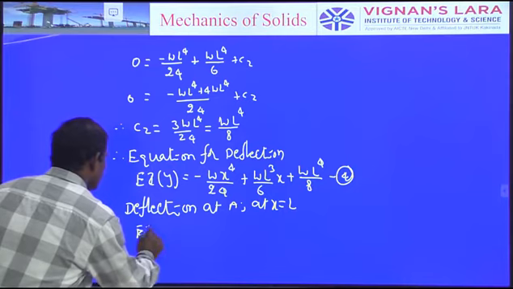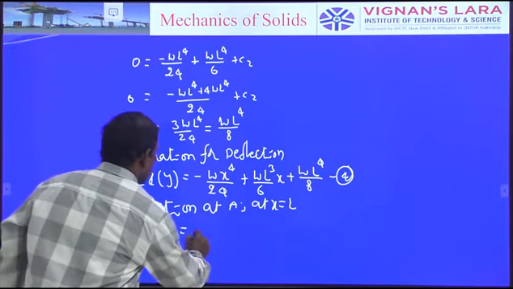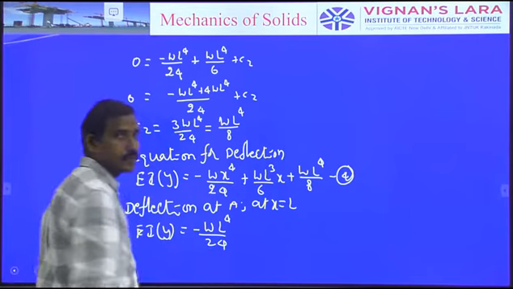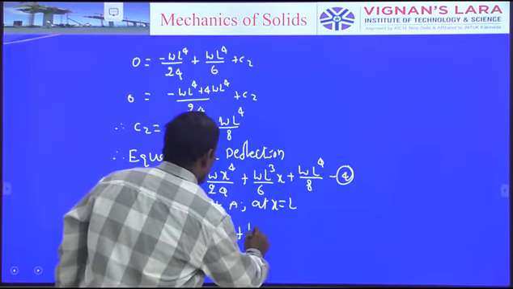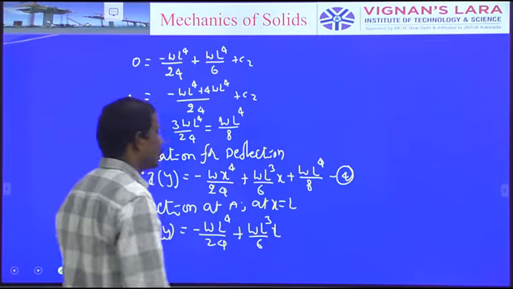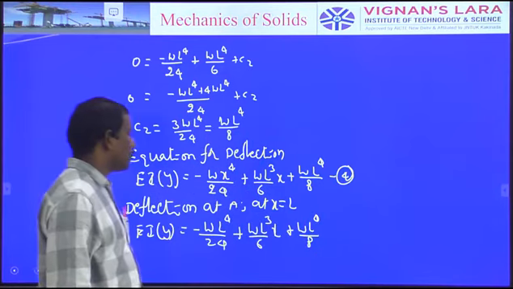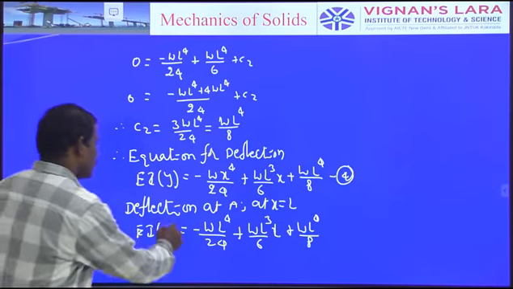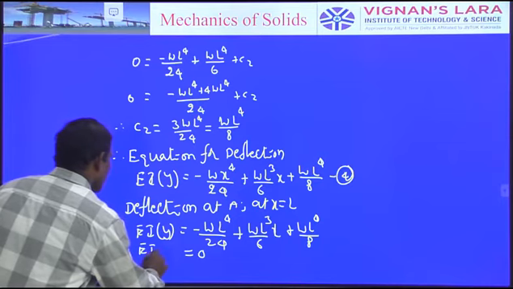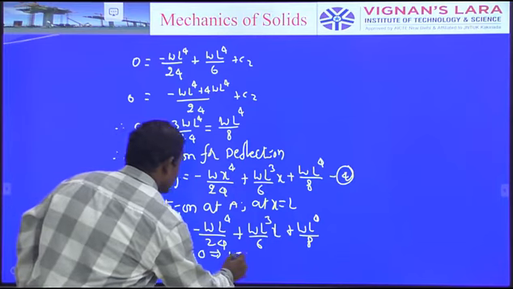EI into Y is equal to minus W into L power 4 by 24 plus WL cube by 6 into L plus WL power 4 by 8. After computing, this becomes 0. So EI of Y is equal to 0. That becomes Y is equal to 0.